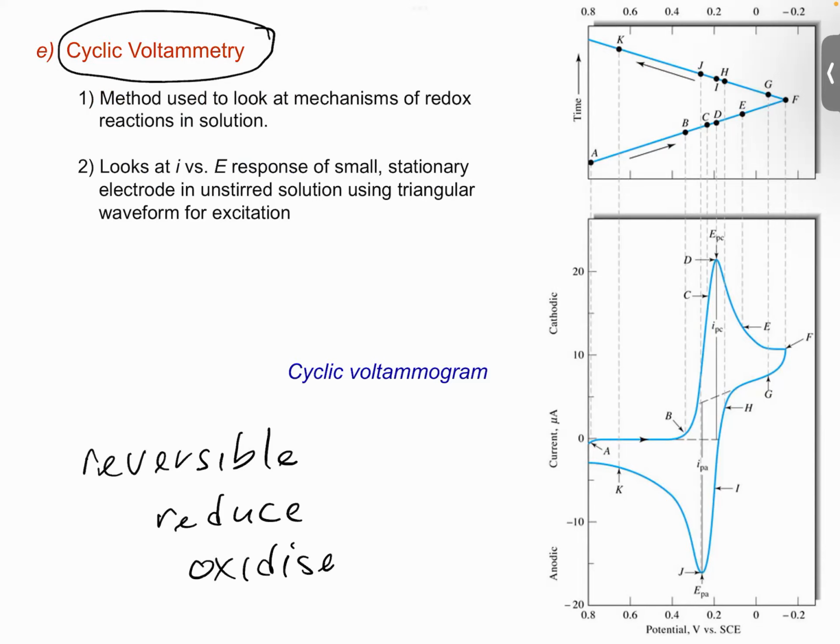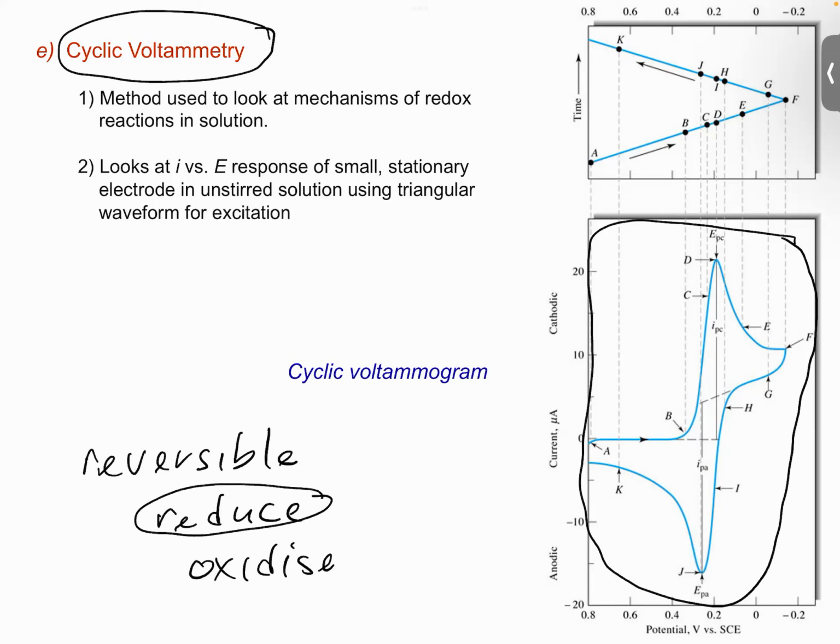So you can see this is an example of a reversible redox process. It means that the compound or species can undergo reduction, and after that it can be oxidized as well, depending on the potential.